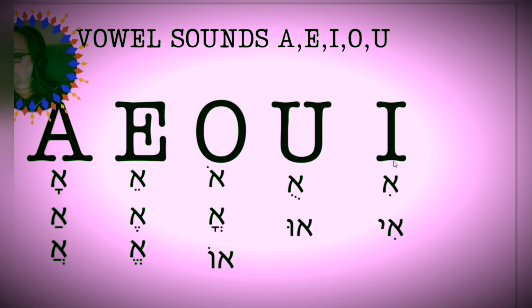And here you have e, e as in eat. Here it is. And here's the dot again. And then you have the yud is used as part of the vowel sign. The yud is silent. So it's e. You have a, e, o, u. Okay, let's go to the next one.